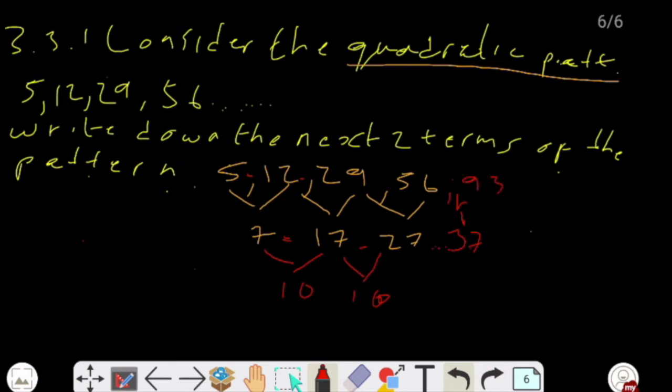Now again, remember you found your second difference, which is 10. Just add a 10 here for you to get the next term. It's 47, right? Now again, what do you do? You add again and say 47 plus 93.